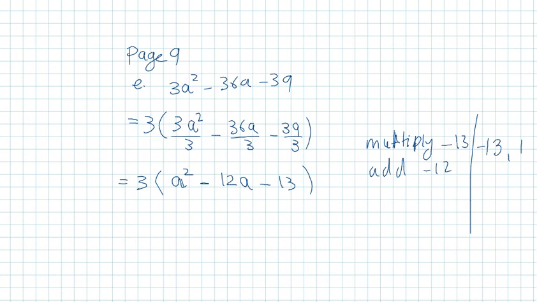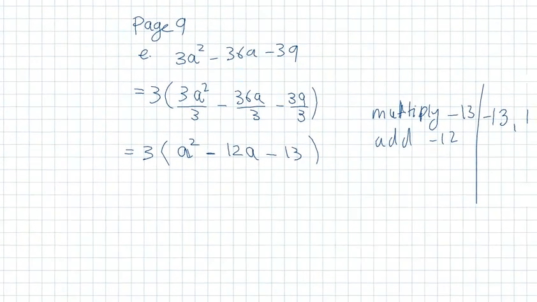If it doesn't satisfy the second condition, it's not going to work. That means you've done something wrong. Go back and check your work. Okay? So, now, all I have to do is A minus 13, A plus 1. I'm done.